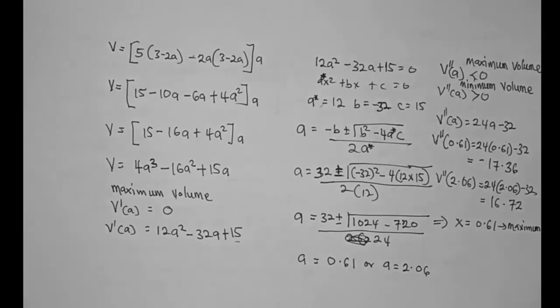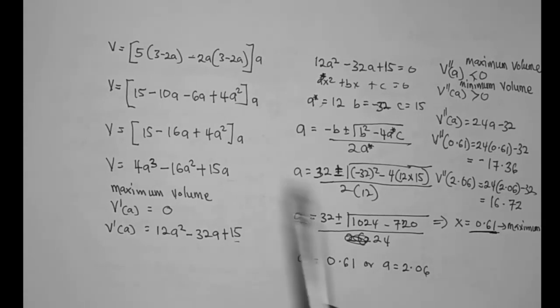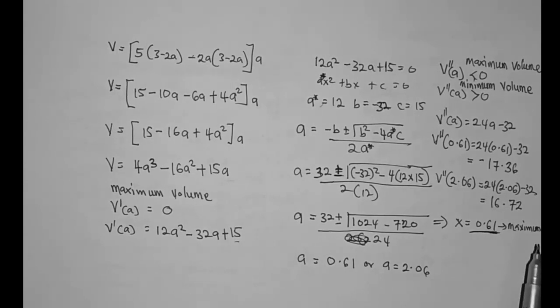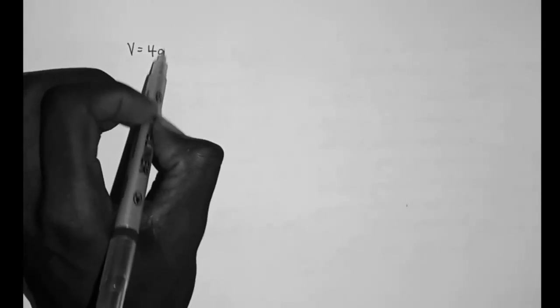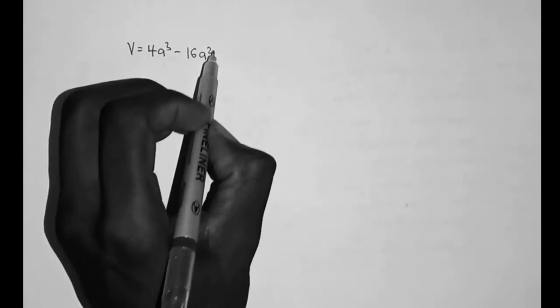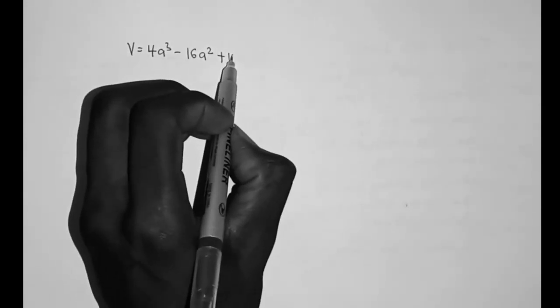So for the maximum V, what we need to do is to take 0.61 and put it back into the original equation of V to find the maximum volume. So V is 4a cubed minus 16a squared plus 15a.